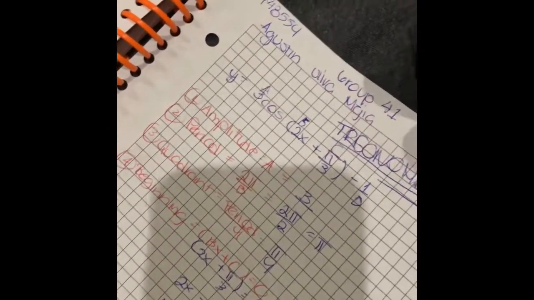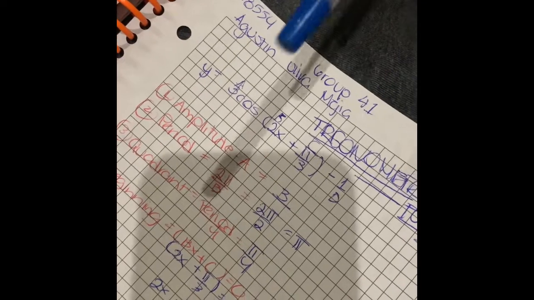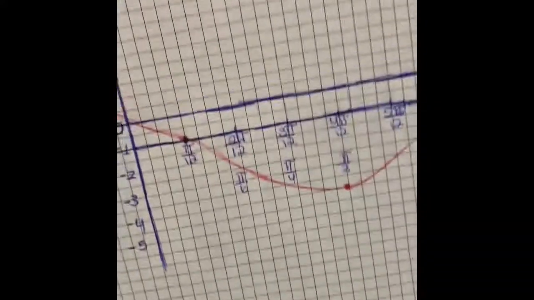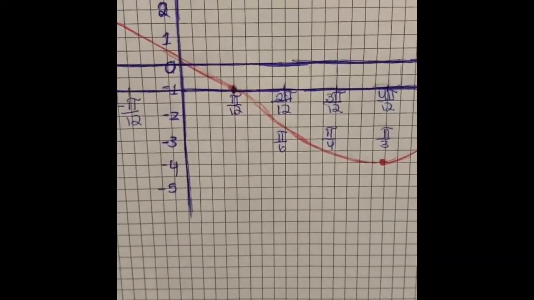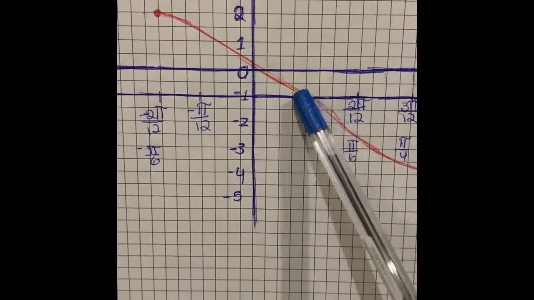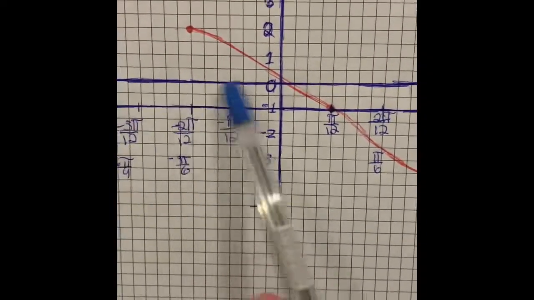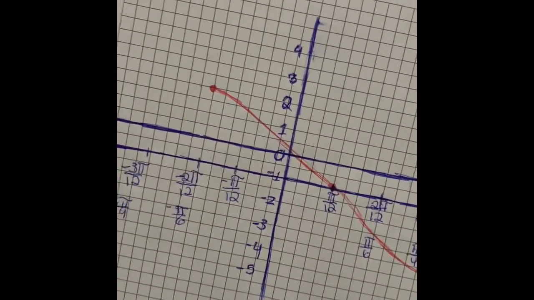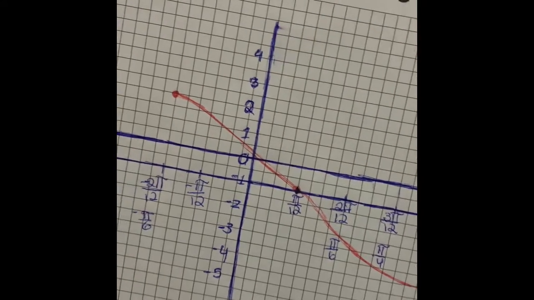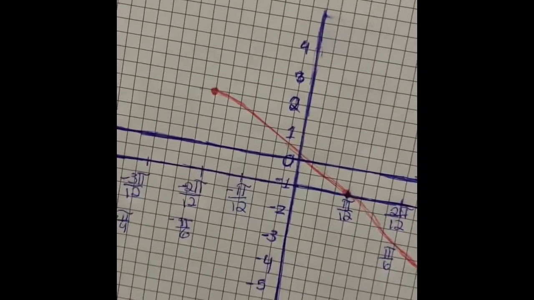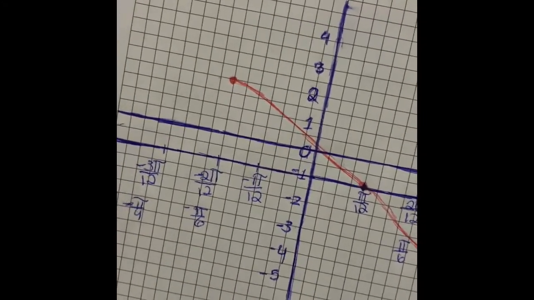In this case it's minus 1, so we have here our d at minus 1, and this is our 0, and this is minus 1.